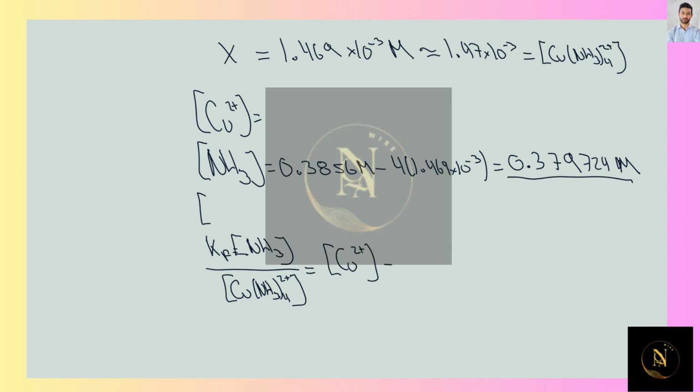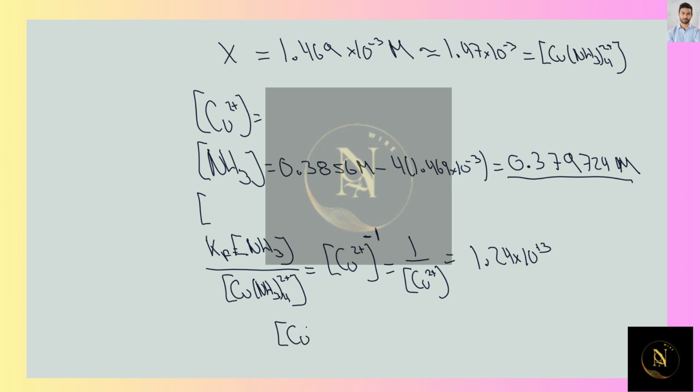So this is, of course, this concentration times 10 to the minus 1, right? So 1 over the concentration of copper 2+. The number over here is 1.24 times 10 to the 13.